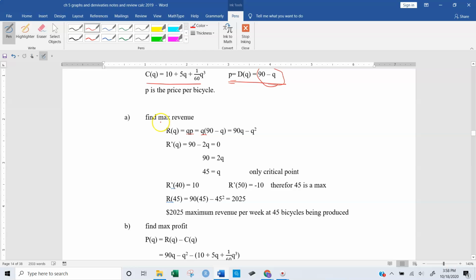Now if I want to find max revenue, I haven't used the cost yet, I just do the first derivative. So 90 minus 2q, set it equal to 0. And at 45, there's a critical point.